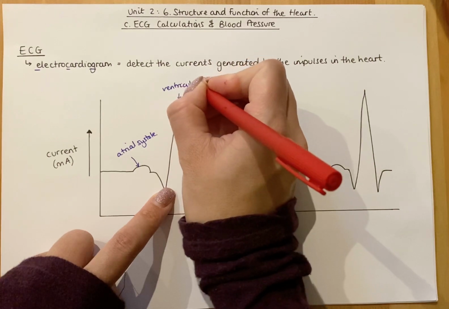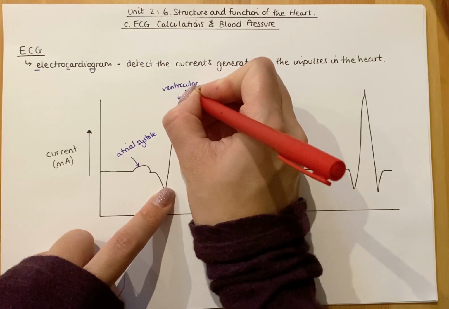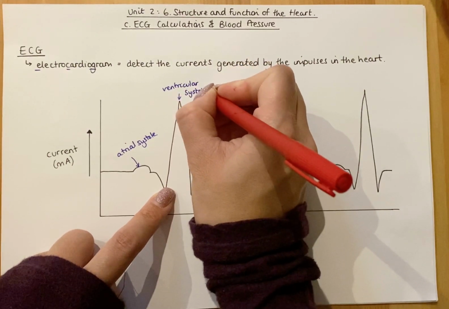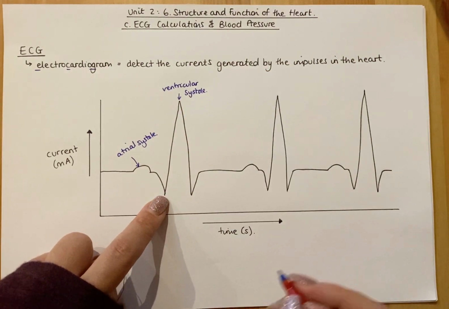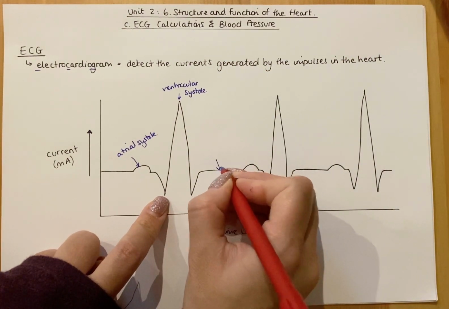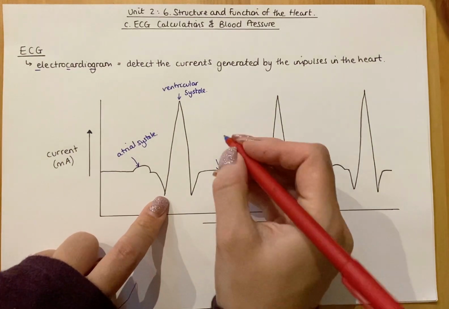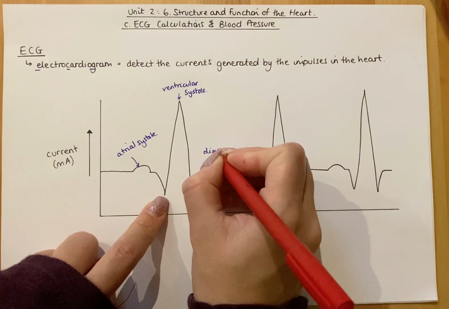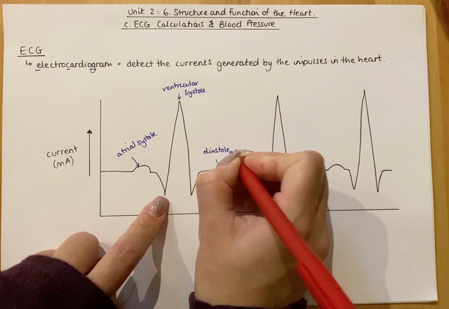They need a large impulse because they're quite muscly and need to force blood out of the heart. And then in between the ventricular systole and the next atrial systole, you get your diastole, which is the relaxation of the heart.